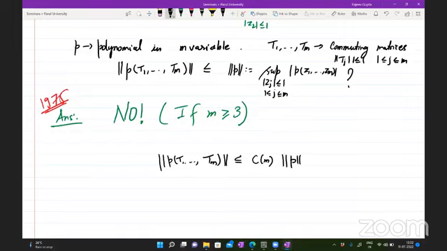Will 4 work? Something will work or not? That's the question. And the answer is not known till date, not even for m equal to 3. So it's a long-standing open problem. What happens to C3?